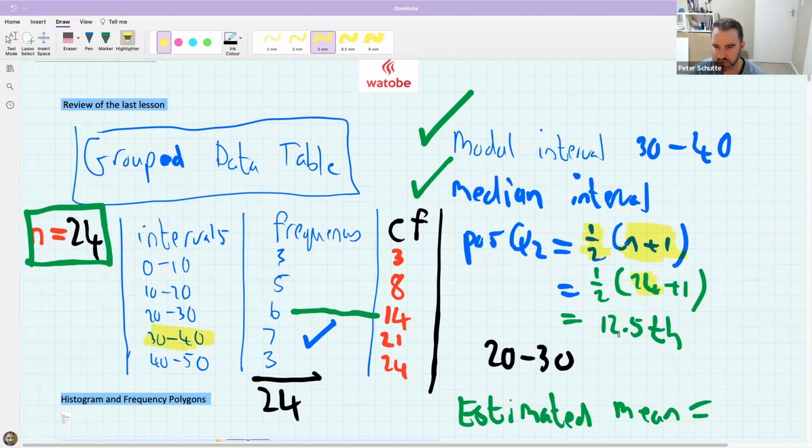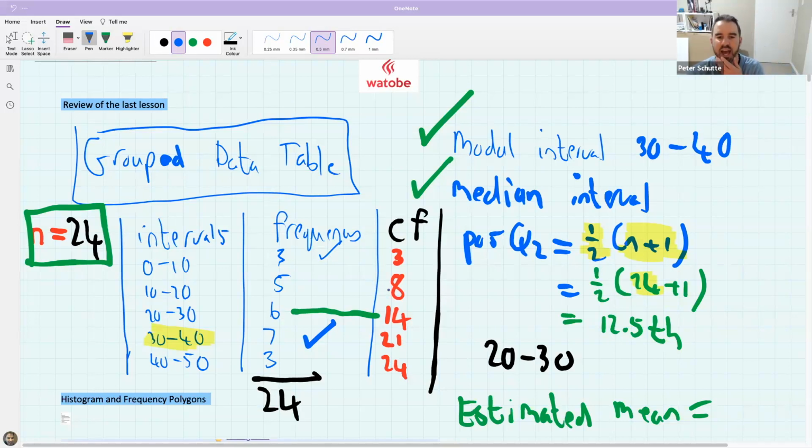Are you okay with getting the 12.5 position? Yes, sir. Okay, now the only thing we have to do is figure out which interval this position falls into. So if I go into the first interval, I've only got 3 items in total, so I haven't got near 12. Then if I add 5 more, I've got up to 8. Can you see I'm still short of getting to the right position?